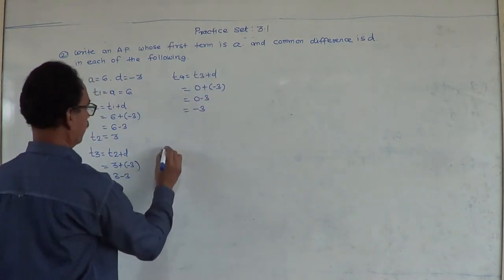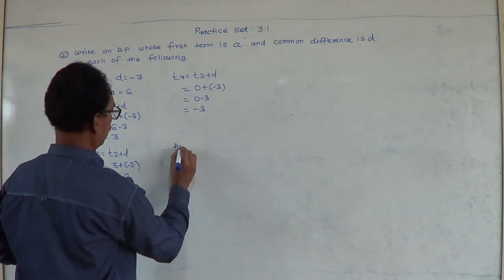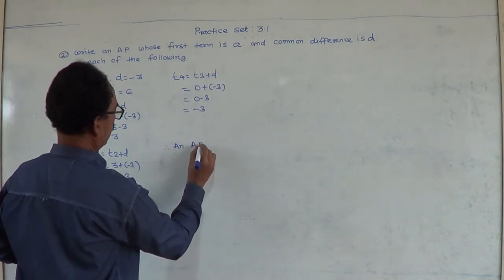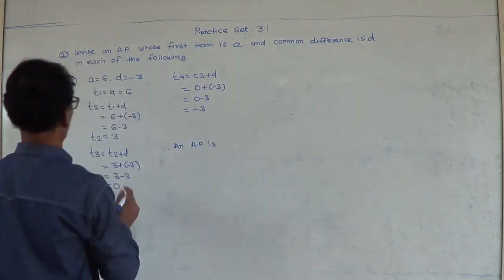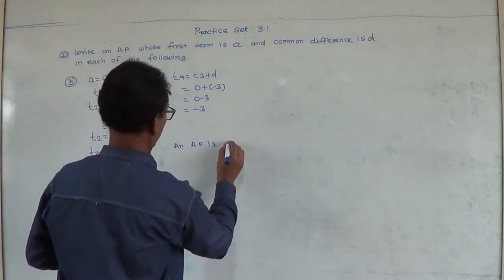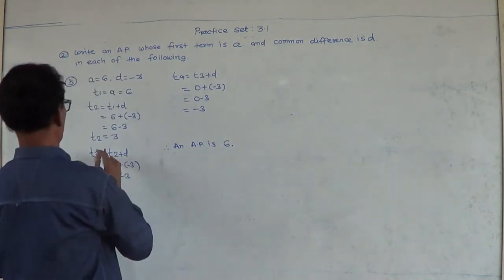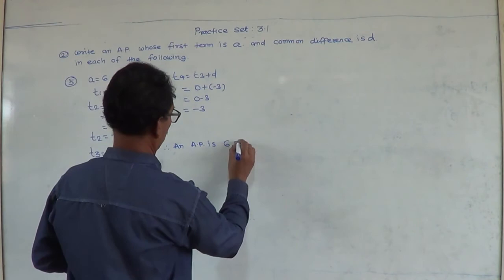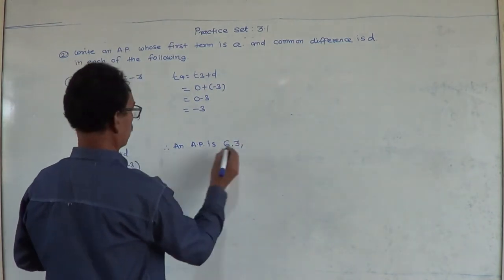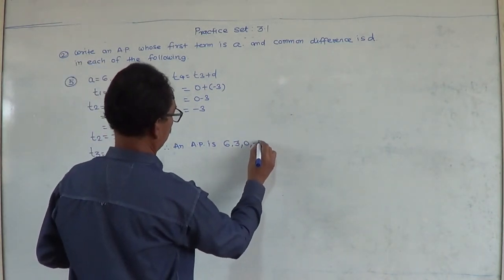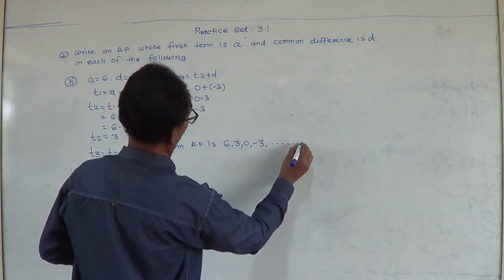So an AP is, first term is 6, then 3, again 0, minus 3, and so on.